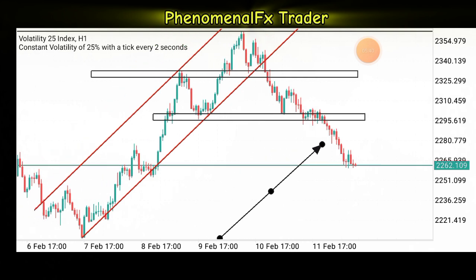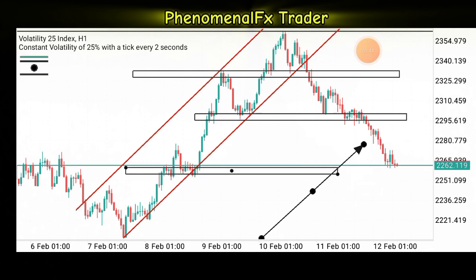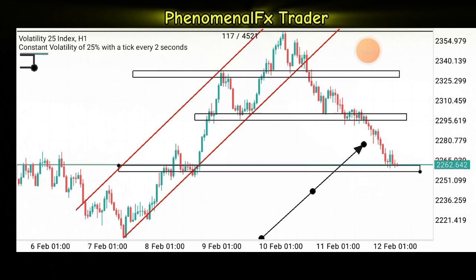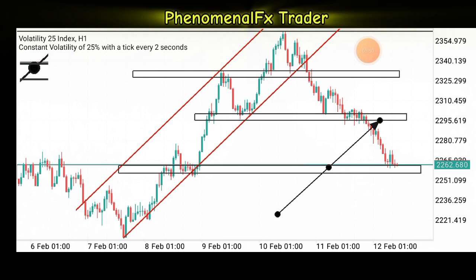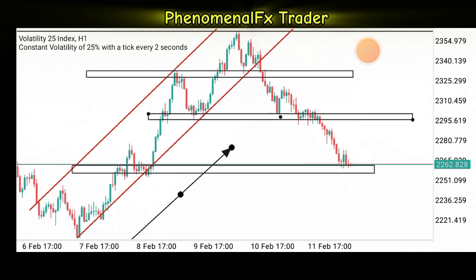So now the market is actually on another zone, which is here. If you look closely, there's a zone here, guys. There's another zone right here, which we expect the market to react to, and the market is actually reacting. So what are we expecting? It is either the market buys to retest this zone, which it broke through.